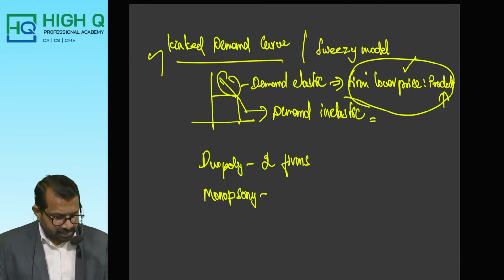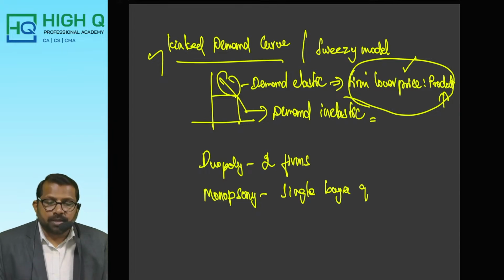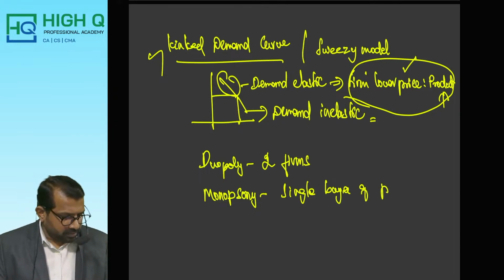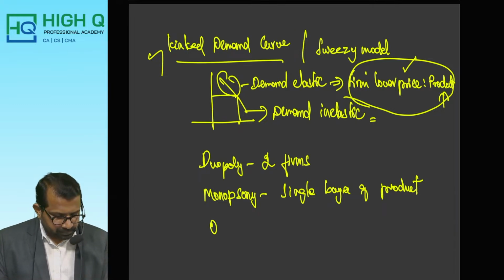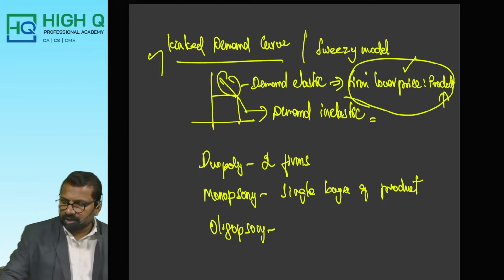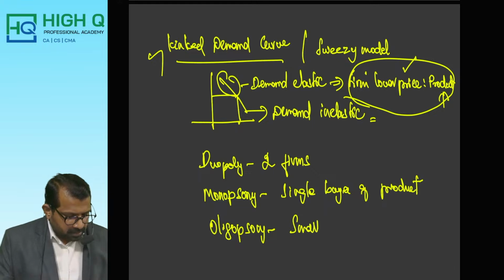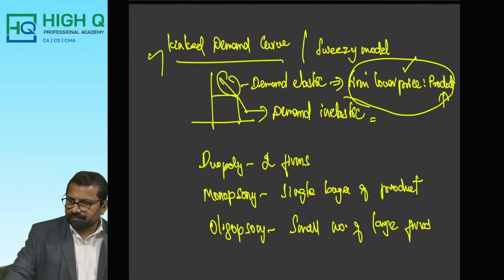Monopsony means a single buyer of a product. Oligopsony, a small number of large firms.